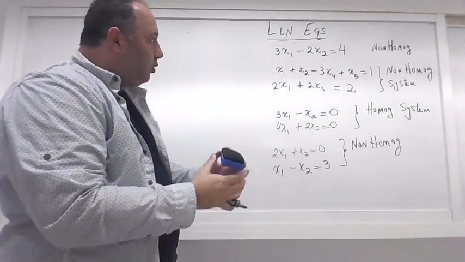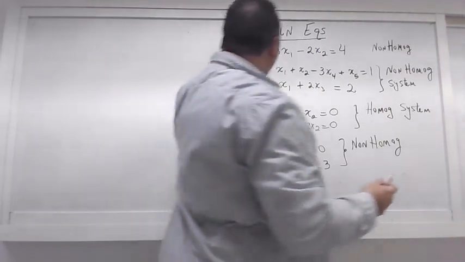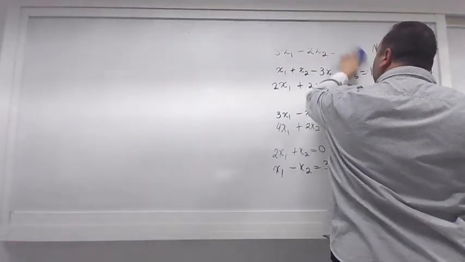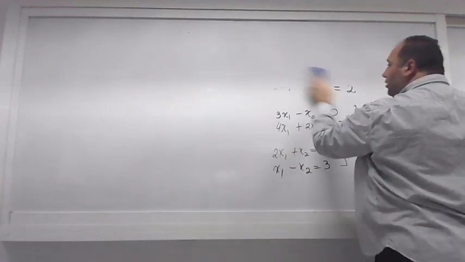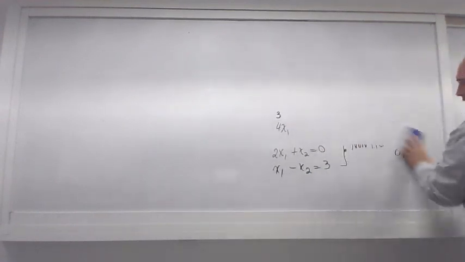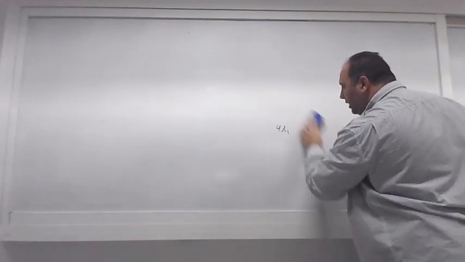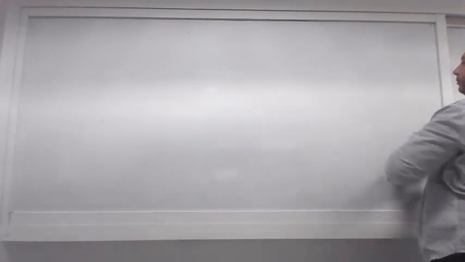The entire course is about finding solutions for linear systems. What is a solution? Well, it's a list of values for x1, x2, x3, such that when we plug them into all the equations, they satisfy all of them. So that's the idea of the solution.